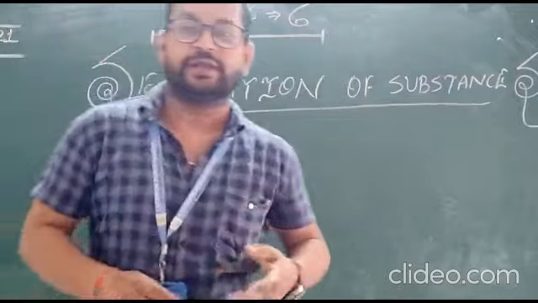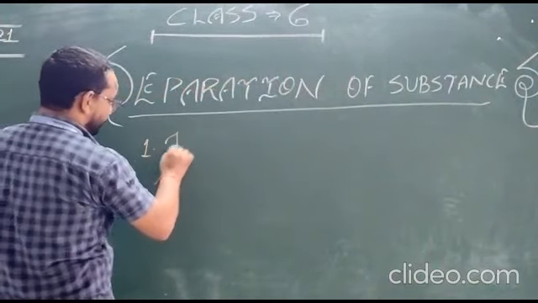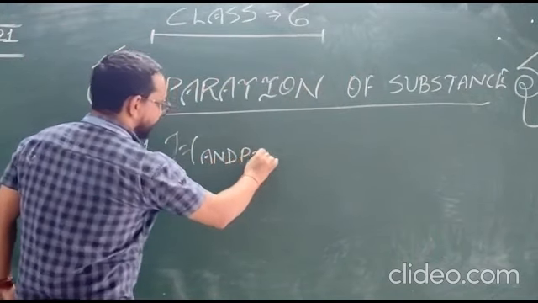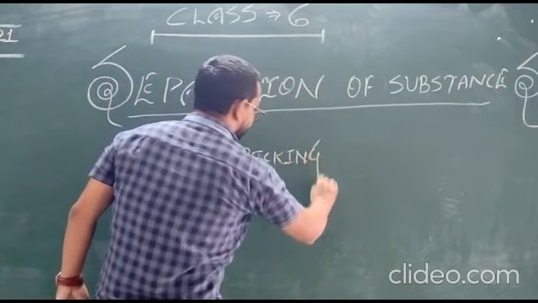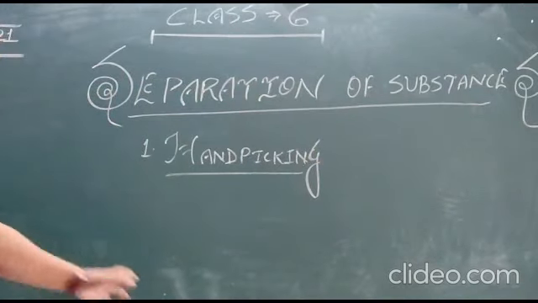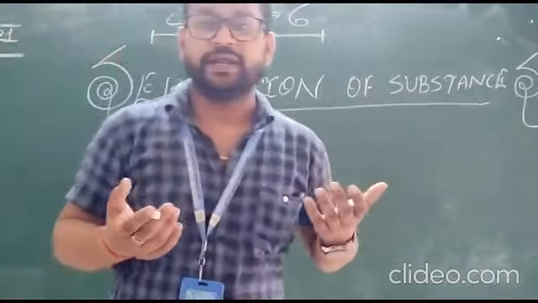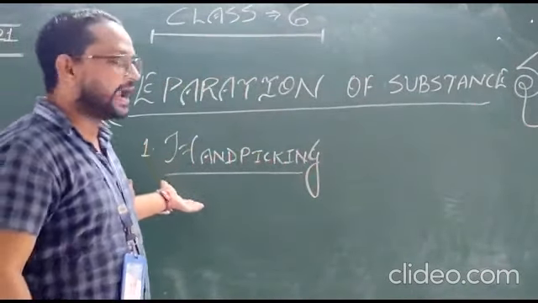First of all, the very easy way, that is hand picking. Hand picking can be used for separating slightly large size impurities. Quantity cannot be very large. That is separated by hand picking.